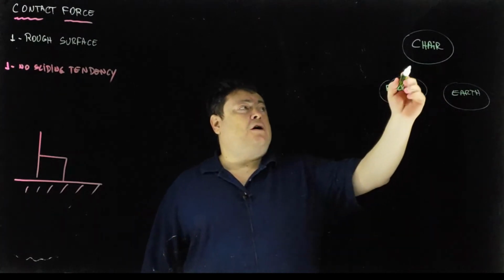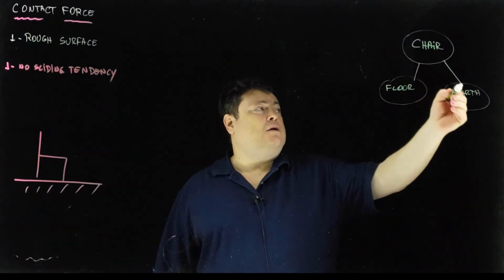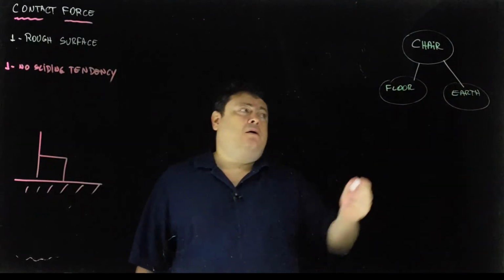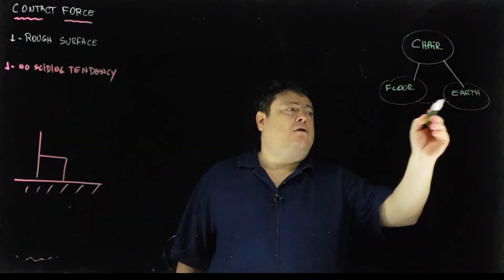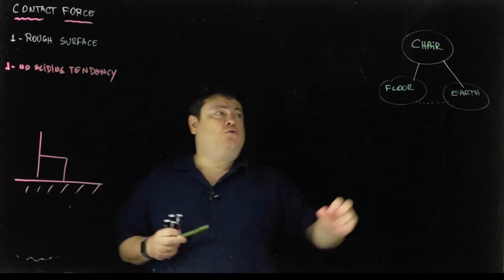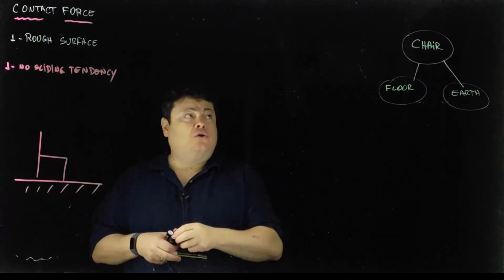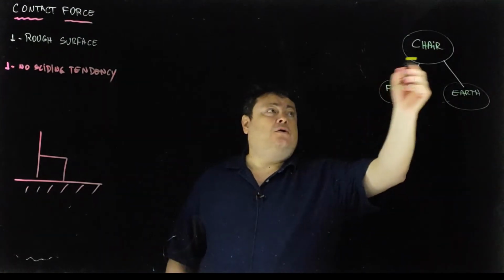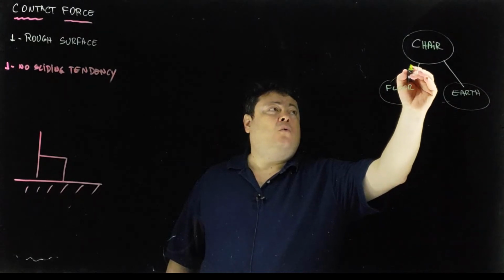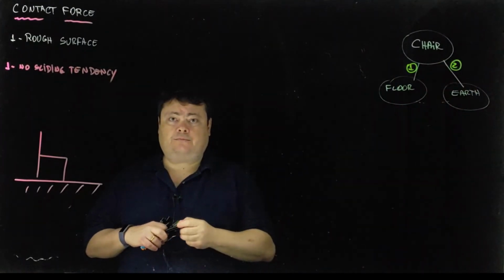And the chair is sitting on the floor, and it is being pulled by the earth. Of course the floor also has a weight, and is also being pulled by the earth, but usually we don't consider this one here. So under this analysis, on the chair I have two forces acting on it.